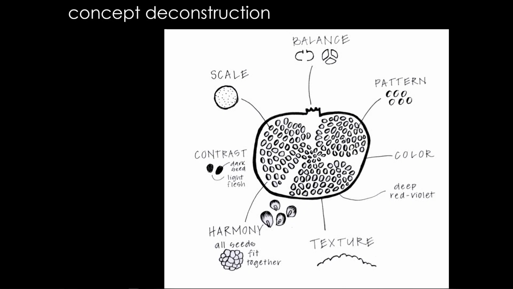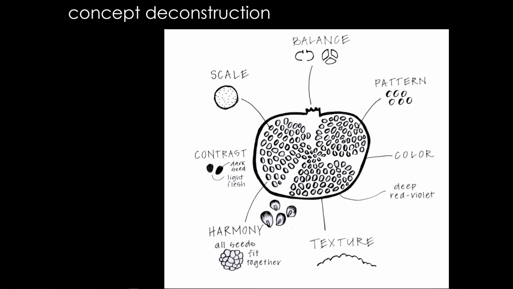Whereas this diagram is more purely abstract in nature. Perhaps this idea is a more artistic or abstract concept, and that's okay. We can use hand drawing to deconstruct these concepts.